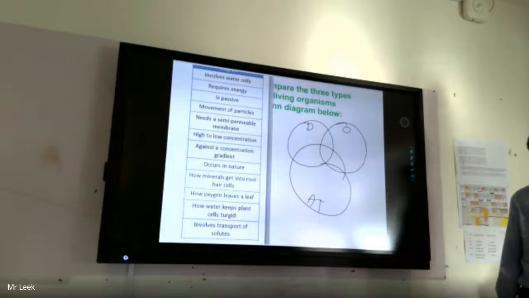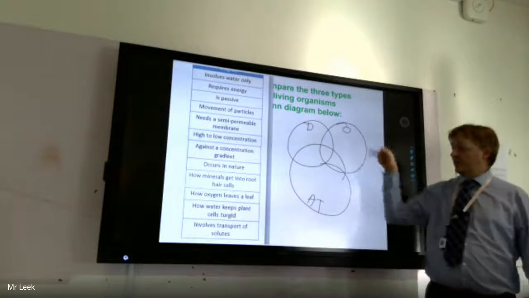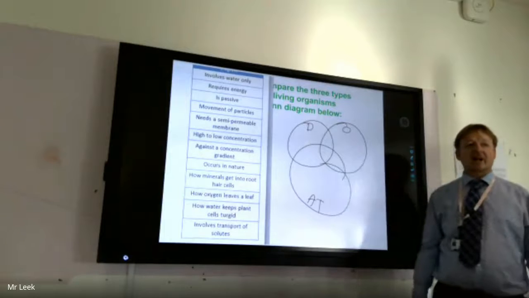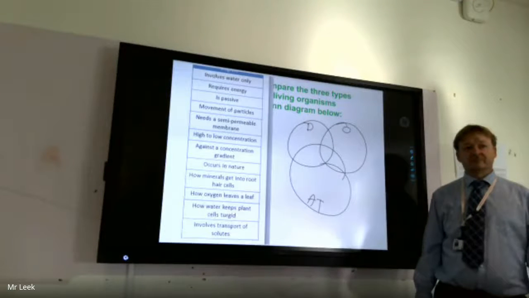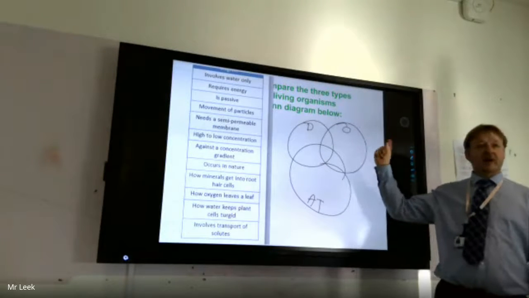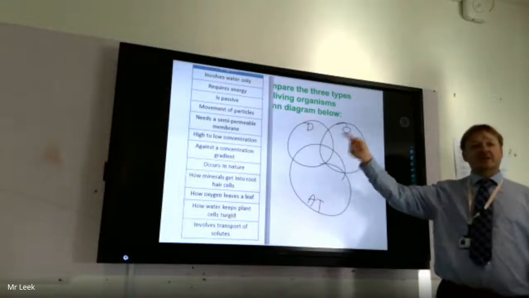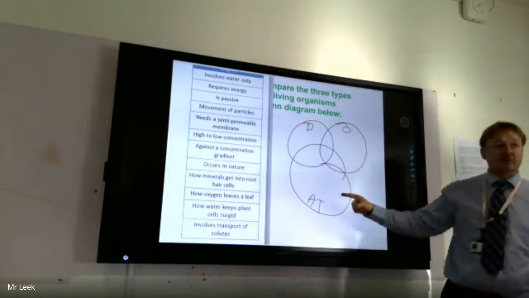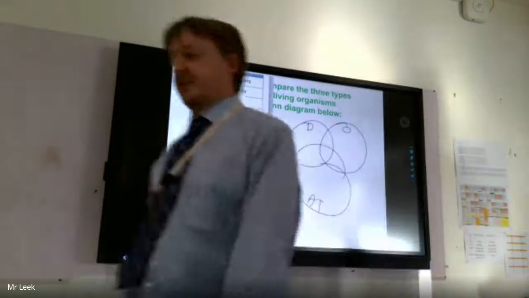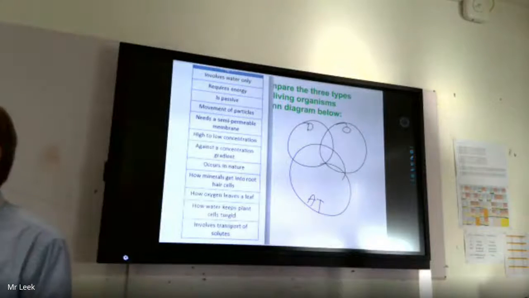Somebody that's passive will just be sitting there doing nothing. So which of those 2 or 3 just happen? Osmosis does because it's the movement from a high to a low, and diffusion is high to a low. So active transport is completely opposite. It isn't passive. It uses up energy.